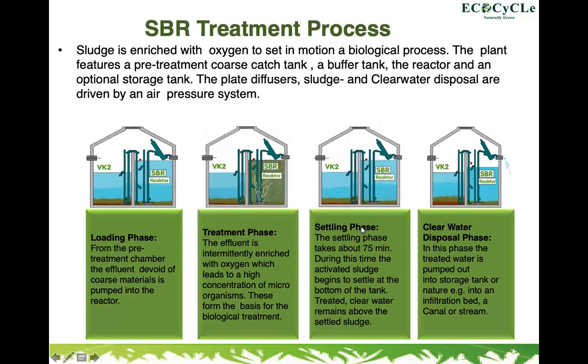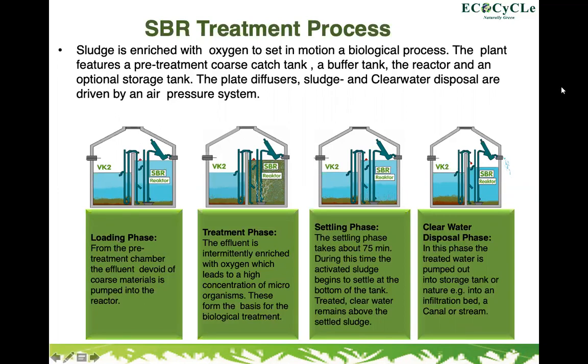Now we go back. Yeah, now I have finished explaining what happens in the SBR, and the last process is the clear water disposal phase. After the settling, we have the transfer of the clean water from the SBR into maybe the storage chamber, which you can see at the end like some blue water trickling. Now, this trickling means it can go to the shamba, if we have a client who's using it for irrigation.